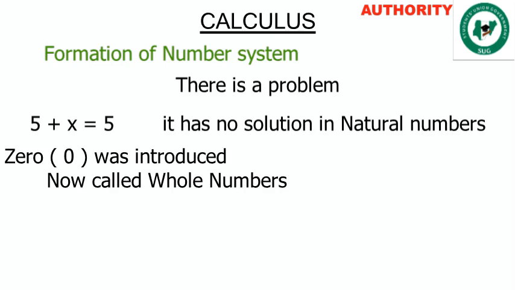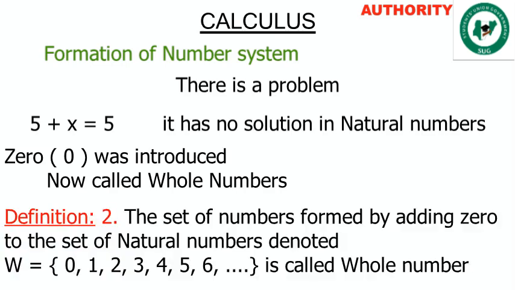The set of numbers formed by adding 0 to the set of natural numbers, denoted by W, for instance 0, 1, 2, 3, 4, etc., is called whole numbers. You get it?